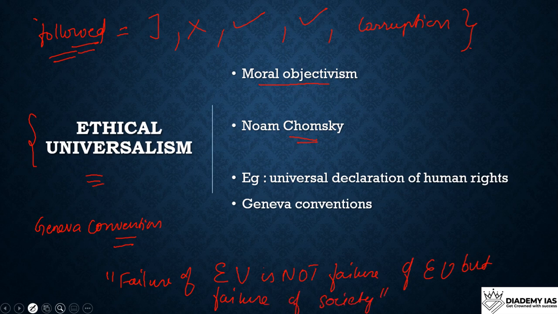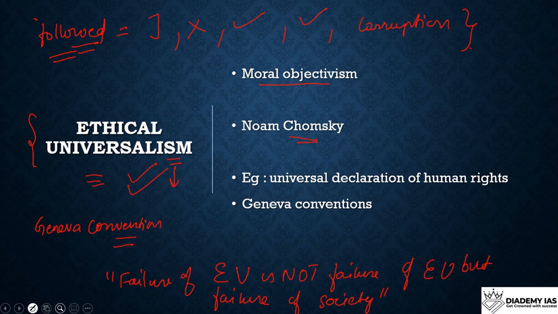That means if the principle of ethical universalism fails in some society, it is not the fault of the principle, but of the society which followed it. Because they did not follow it properly, it led to issues in ethical universalism.